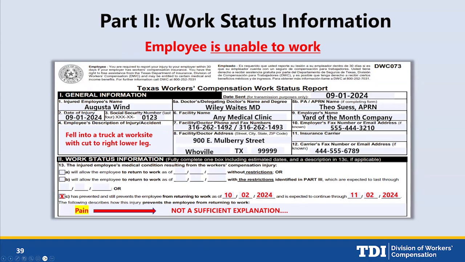And then this is an example of someone who is unable to work at all. So they're going to check box 13C, and then the explanation is going to be put in that section, and it needs to tell us exactly why medically that injured employee cannot return to work. So things like the employer doesn't have a job for them, or just pain, like it says there, that's not okay, right? It's not sufficient.